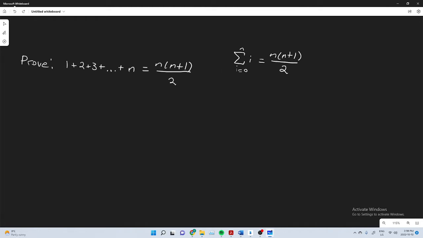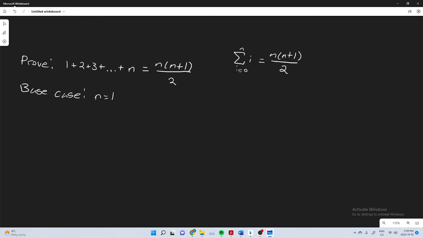So what we're going to do is use mathematical induction, and the first step to that is proving a base case. So say n equals 1. Well, when n equals 1, the left side is 1 because it's the first term in the sequence.